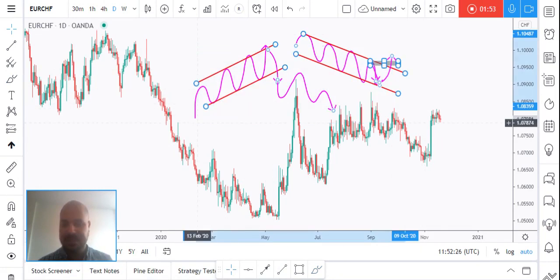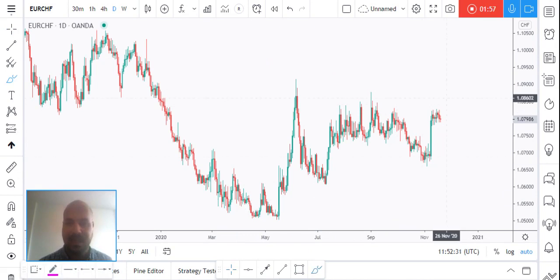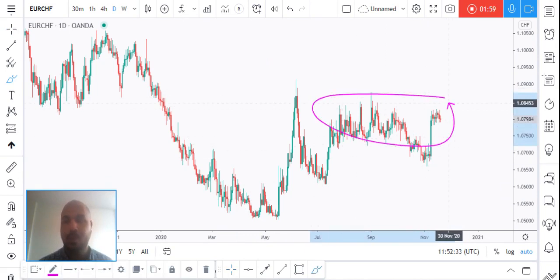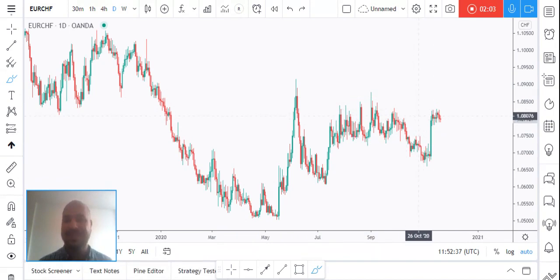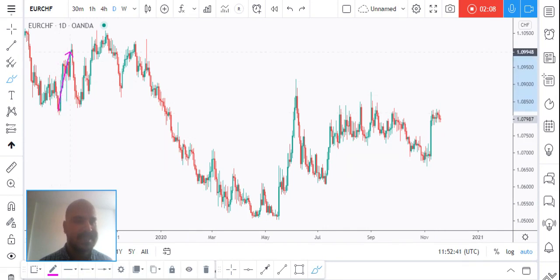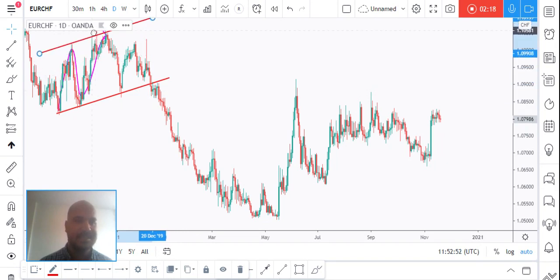So let's make one example or two, and then we'll cover this situation here to know what to look for on Euro CHF for the upcoming days or weeks. As you can see here, here's a quick example. The market is making higher highs and higher lows, so we are overall bullish and trading inside this channel, as you can see in red.